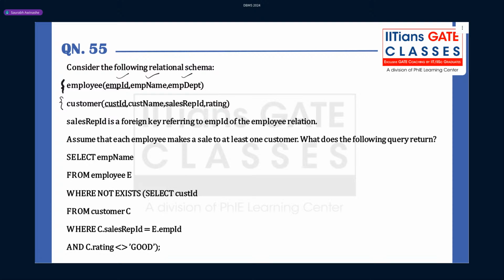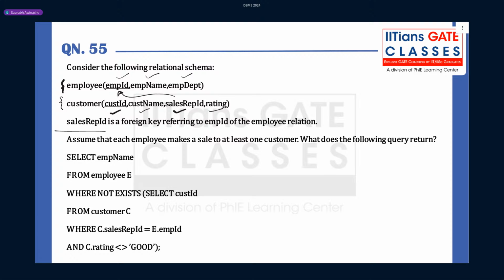And the customer has the customer ID as the primary key with customer name, rep ID, and rating. Okay, so they're saying that the sales rep ID is a foreign key that refers to employee ID. Okay, so this is a foreign key that refers to employee ID.